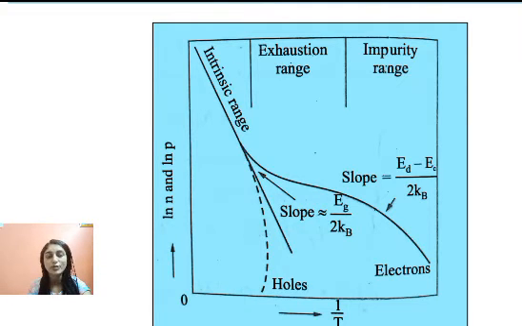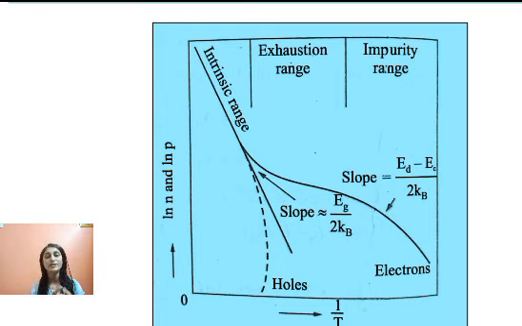In the intrinsic range, the conduction is taking place from the valence band to the conduction band. So the slope will be Eg upon 2 kb, because Eg, we know, is the difference between the valence band and the conduction band. Whatever current conduction is there is because of the electrons going from the valence band to the conduction band.